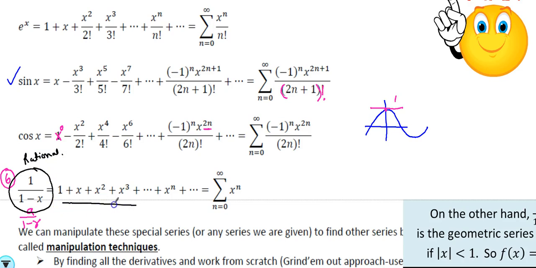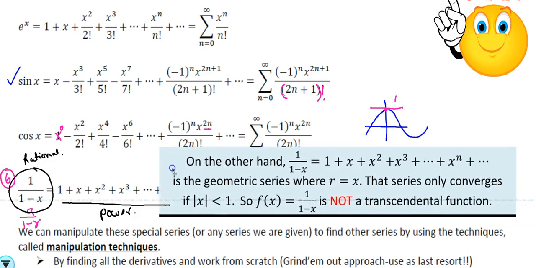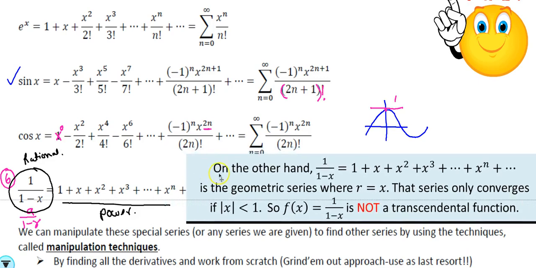This is a geometric series, which is a power series, with the expanded form, and this is using summation notation. For manipulation, we use this geometric series many times. So that's not a transcendental function.